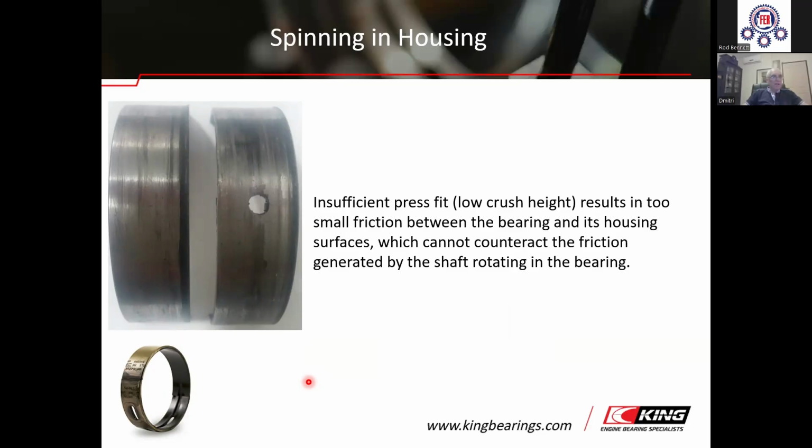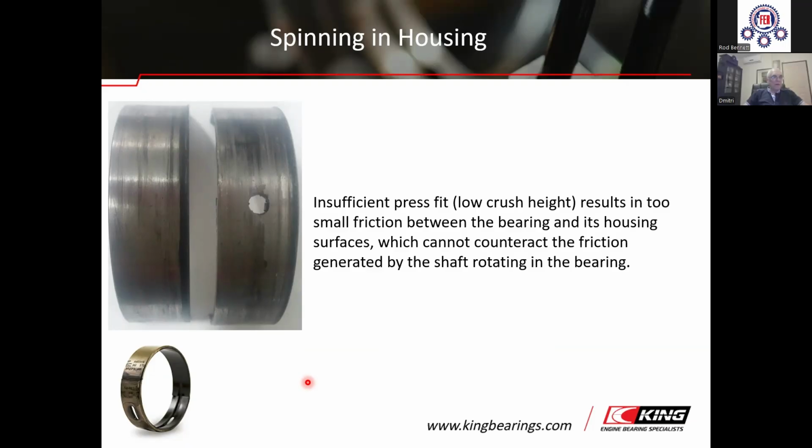The bearing does not spin if the counteracting friction force between the bearing back and the housing surface is sufficiently high, and then the friction force on the outside of the bearing surface counteracts the friction force inside the bearing surface.